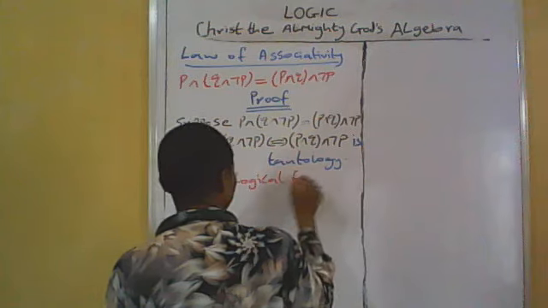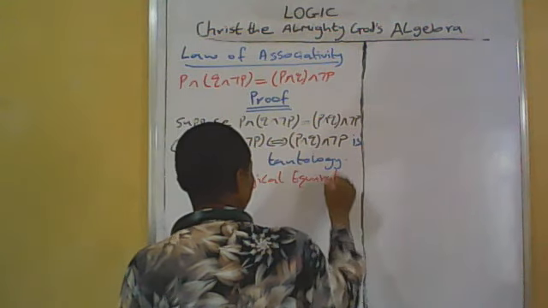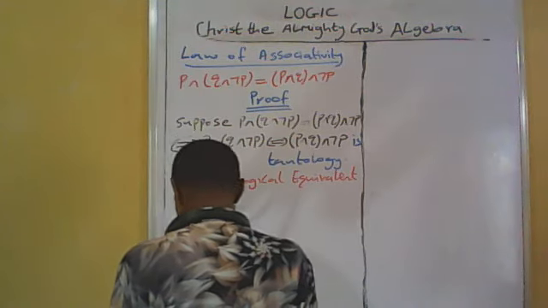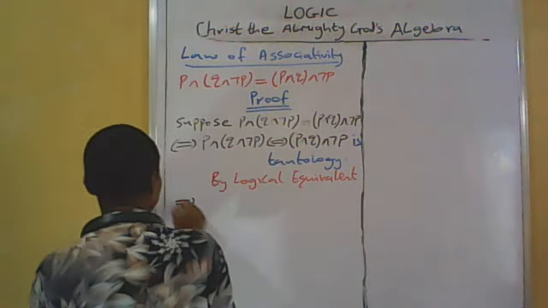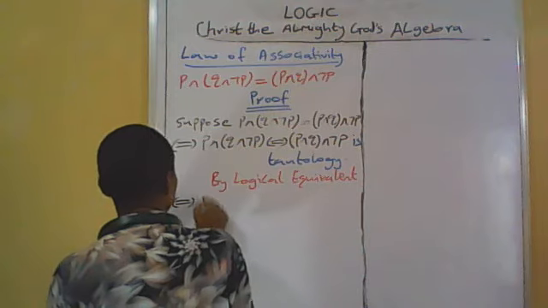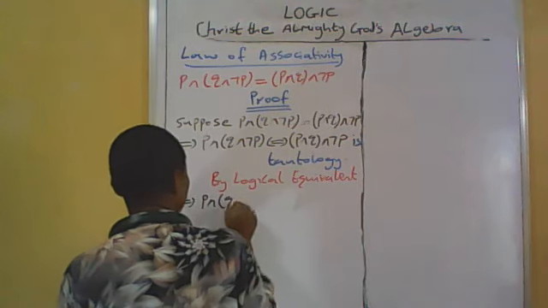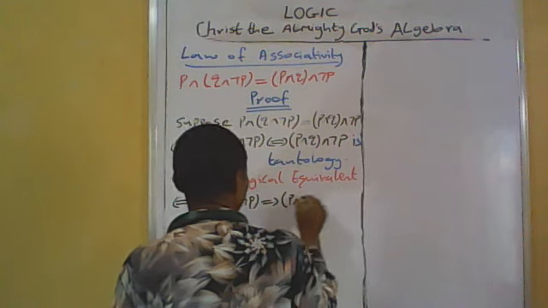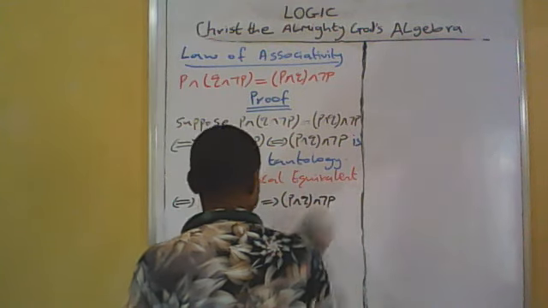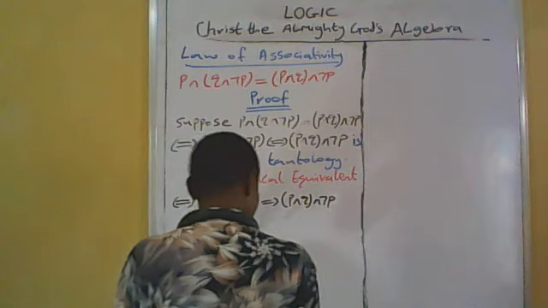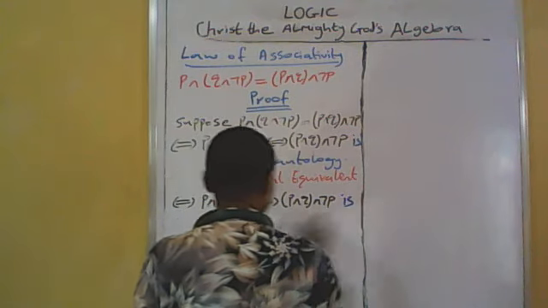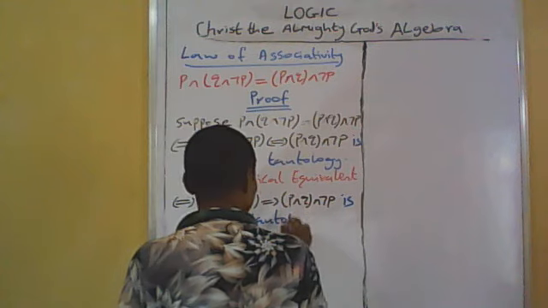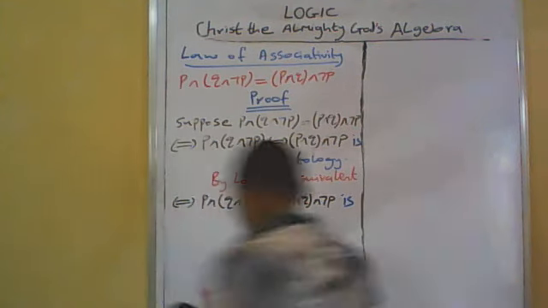By logical equivalence, P and (Q and not P) implies (P and Q) and not P is a tautology.